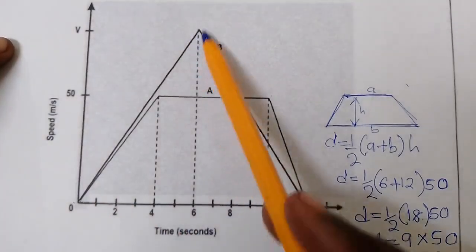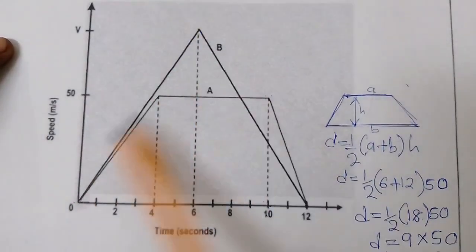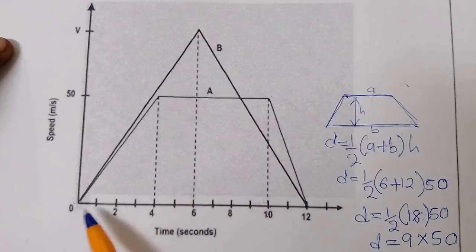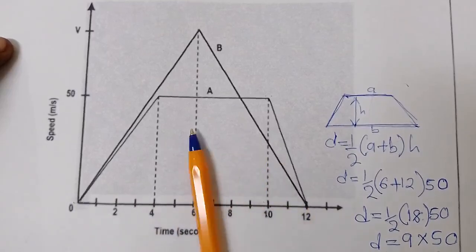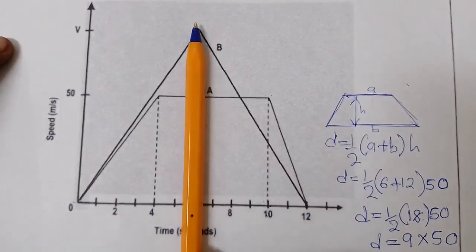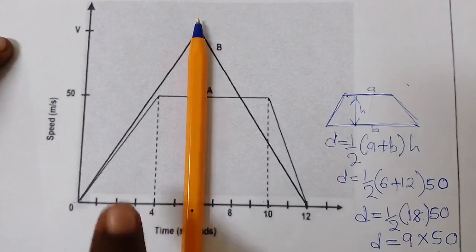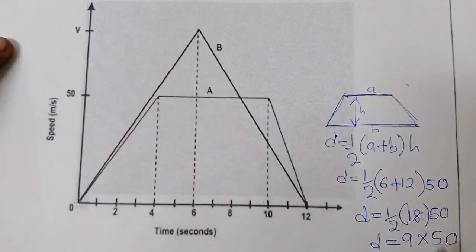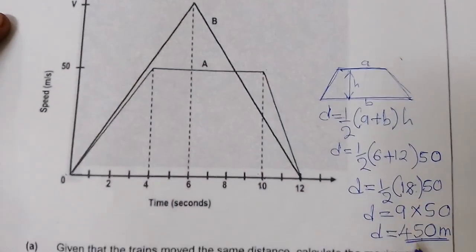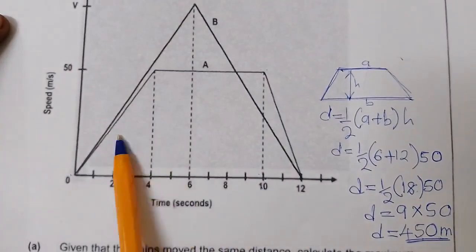Have you seen the way this one is? These are two triangles. From here to there is 6. From here to there it is also 6. So here where it is being cut, this part and this part are equal. So if they moved the same distance, which is 450, half was for this part here.